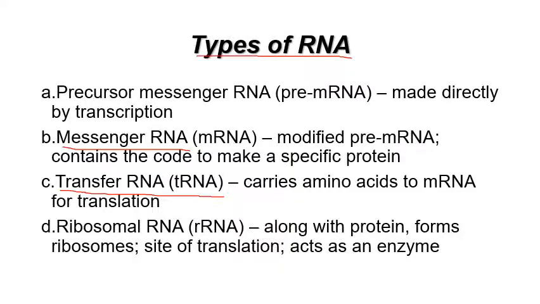Transfer RNA, tRNA, is going to be involved in translation. We do add the amino acids to the messenger RNA strand when we translate the messenger RNA. And then the ribosomal RNA will be found in the ribosomes, the site in which we're going to be doing protein synthesis, or translation.